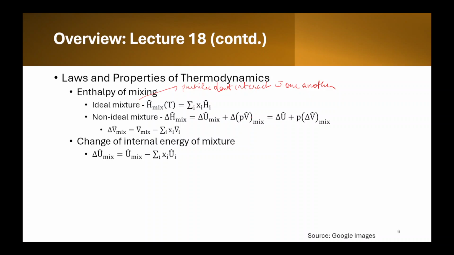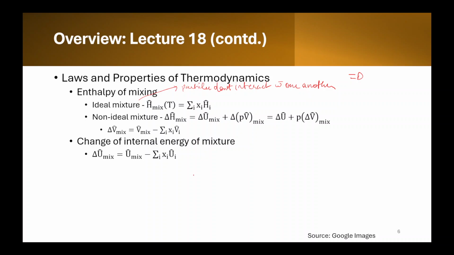So the enthalpy of mixing for an ideal mixture is basically equal to zero. The enthalpy of the mixture can be expressed as the summation of the mass fraction times the specific enthalpies.